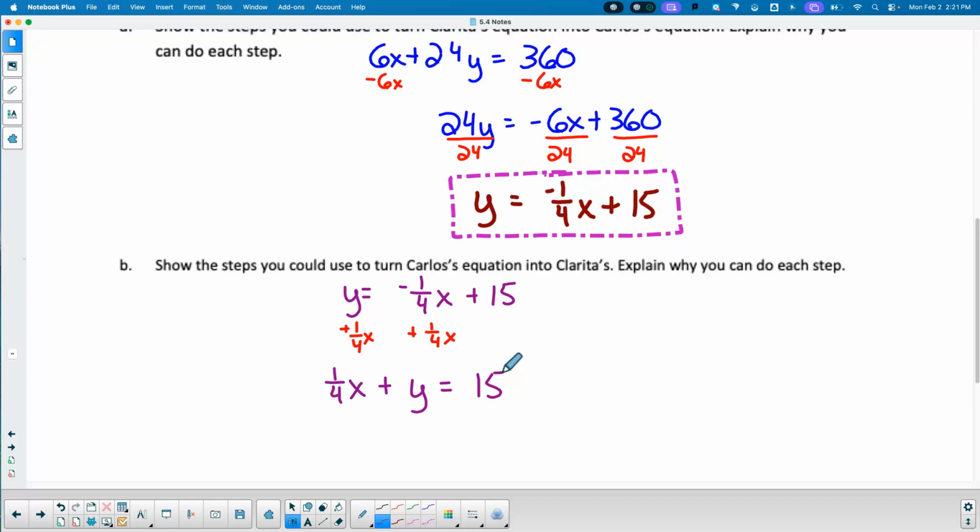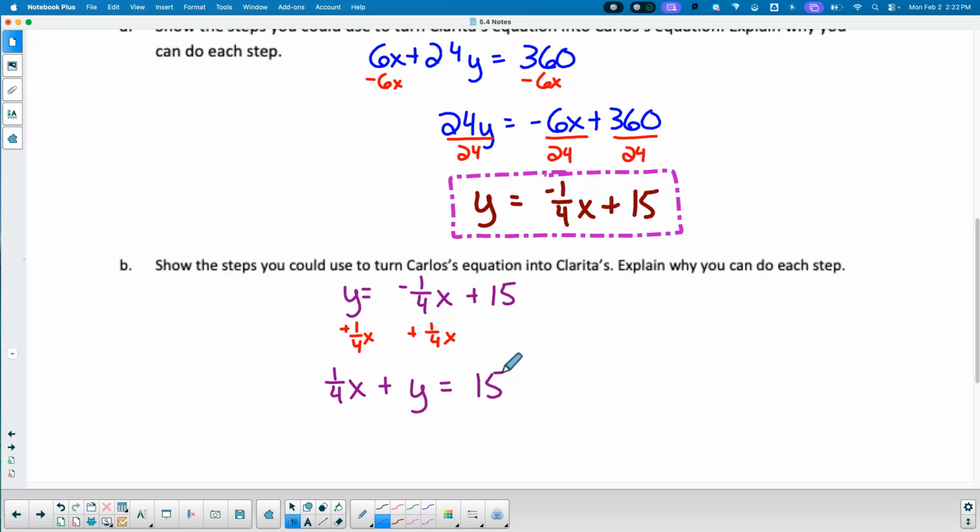And we said that in our standard form for this class, that's okay. Okay? In true standard form, there's no fractions, there's no decimals, and the very first one, the coefficient on the x, is positive. Okay? But that's for another class later on down the road.